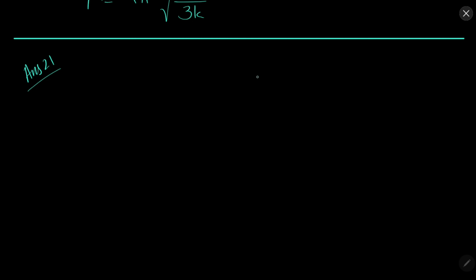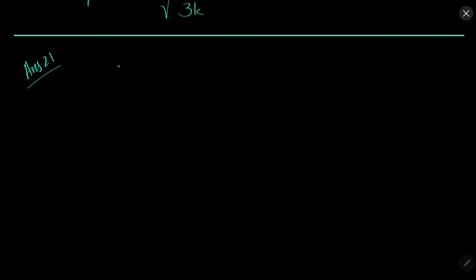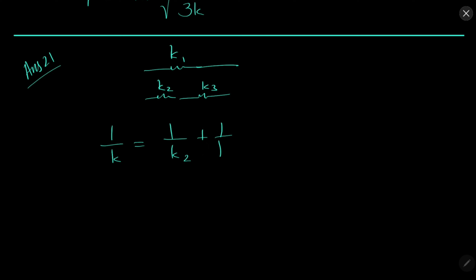21. So we have the springs which are in series and parallel. Let's say this is K1, this is K2, this is K3. So K2 and K3 are in series, so the resultant will be 1 over K2 plus 1 over K3.